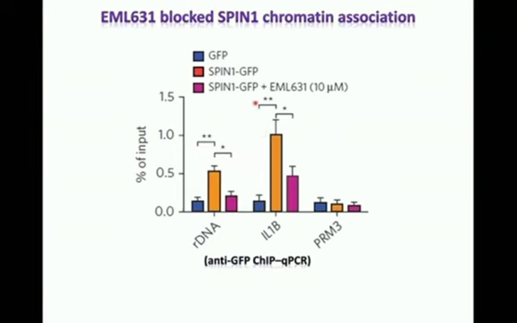So the same setup has been done, and we checked SPIN1 overexpression in the cell with the 631 to see if this will affect the overall signal in a ChIP assay. You remember, it's a ChIP assay.